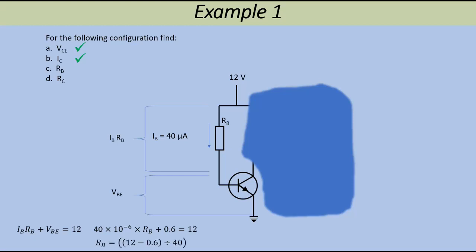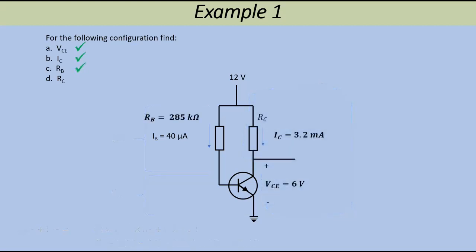Rearranging this and dividing through, we end up with 285 k ohms for the base resistor. So that's straightforward. These are our values so far: the base resistor we've calculated at 285 k, collector current 3.2 milliamps, and VCE 6 volts.